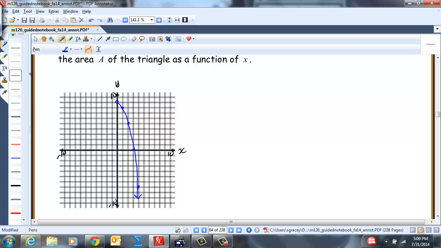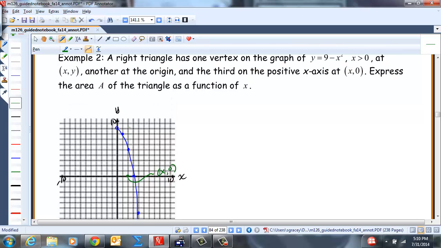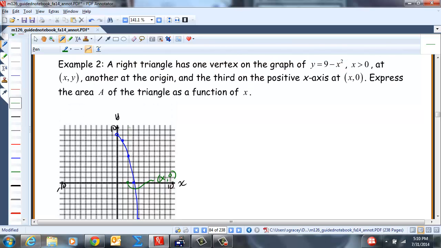Now, at some point here, we don't know where exactly, at x comma 0, it could be anywhere along the positive axis. I'm just going to write it in right here and call this x comma 0. And then we have a point at the origin, 0, 0, and a point somewhere on the graph.